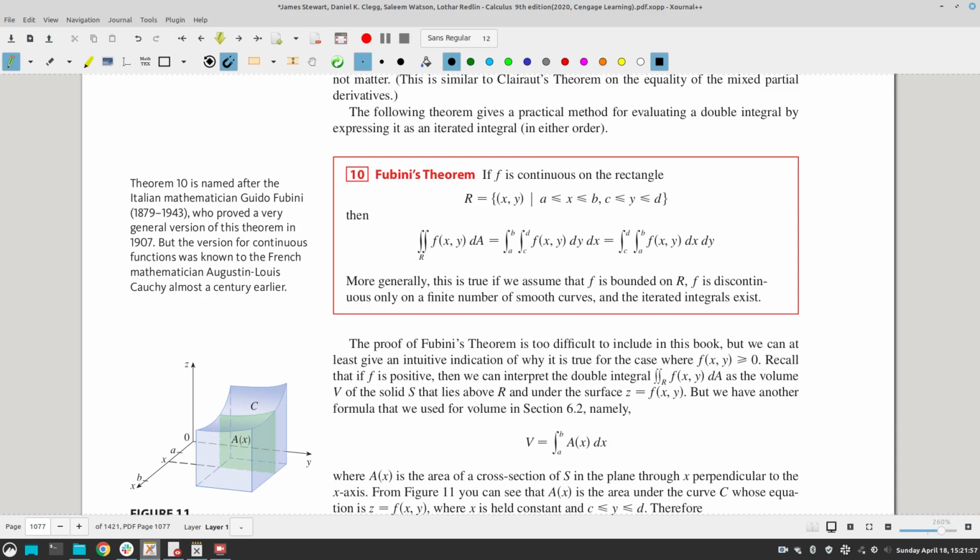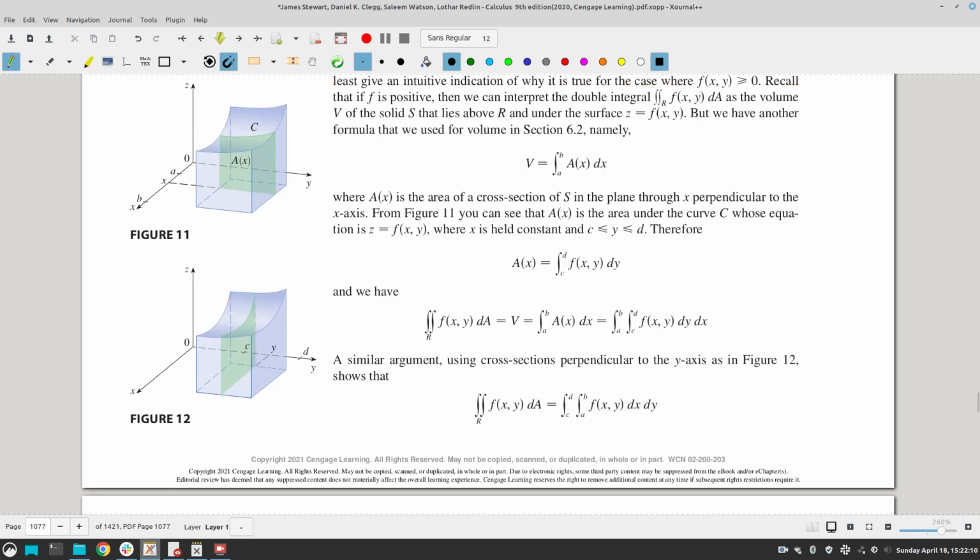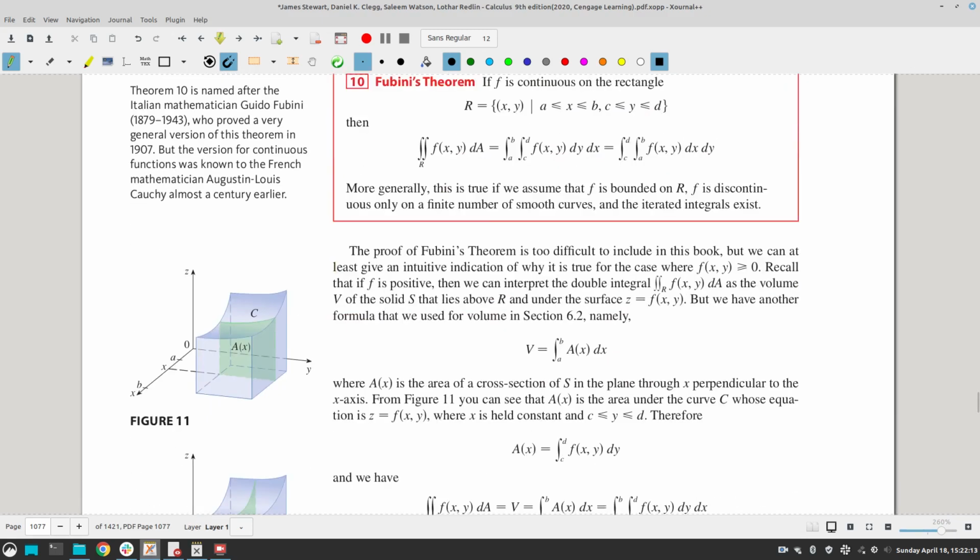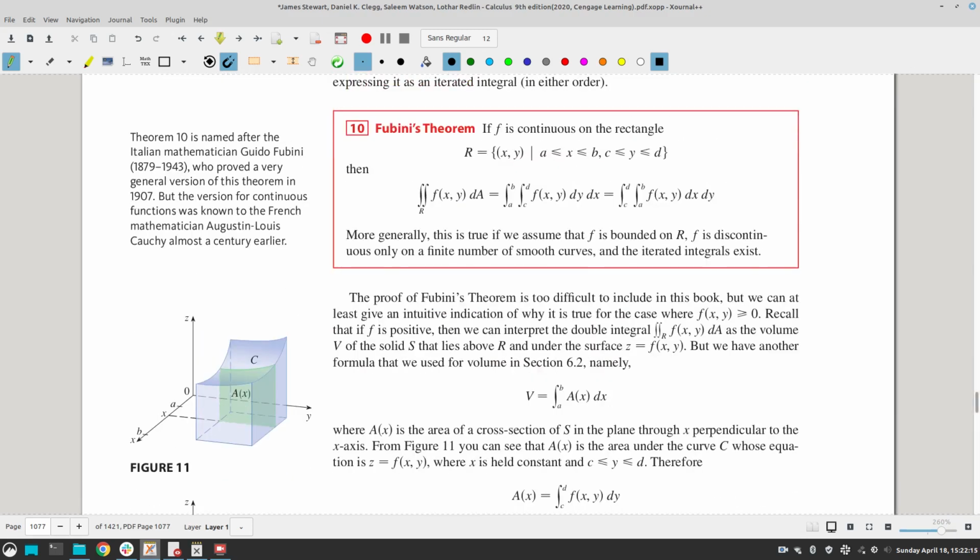If a function satisfies certain properties, it doesn't matter in what order you evaluate those integrals. If f is continuous on this rectangle R, then this integral of f(x,y) dy dx is the same as this integral of f(x,y) dx dy. Notice that we flip the integral.